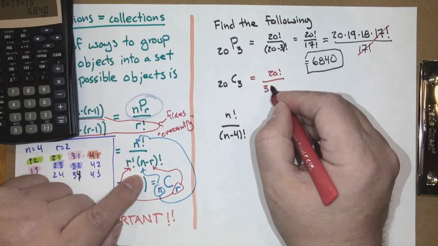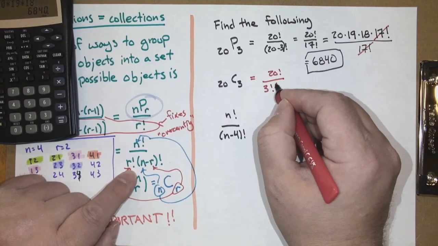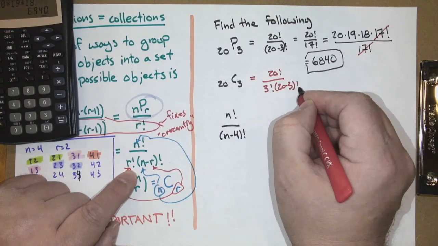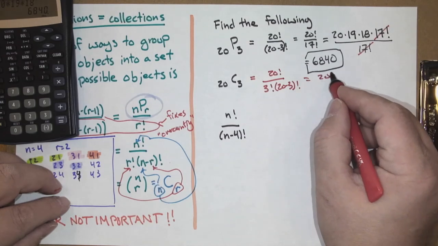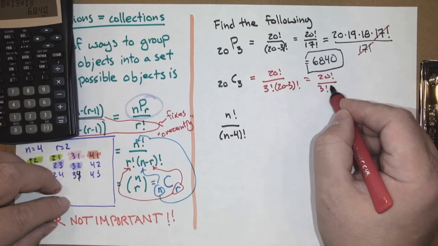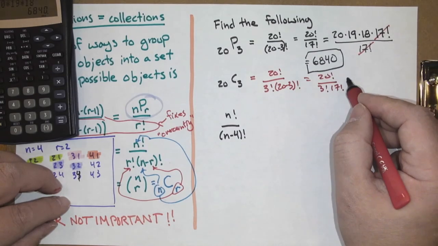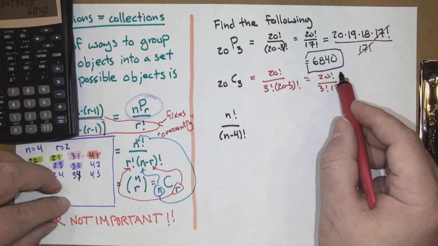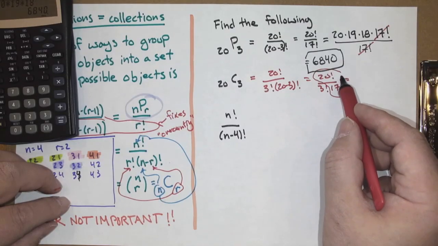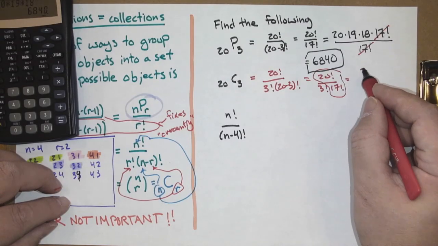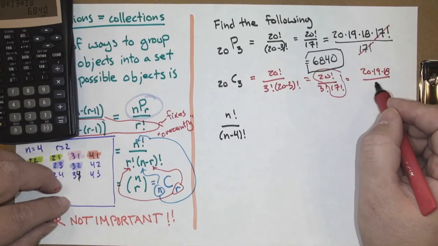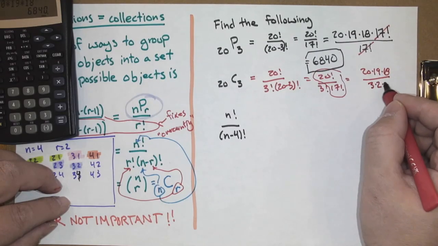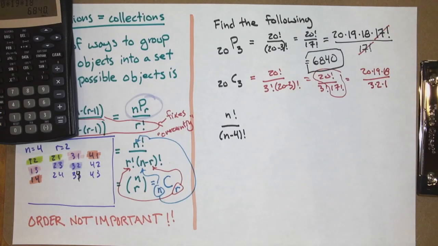The only new thing is we have this extra r factorial. So, okay, we plug it in. So we say, all right, well, that's really 20 factorial over 3 factorial, 17 factorial. But we can do what we just did before and say, you know, this 20 factorial over 17 factorial, that's 20 times 19 times 18. Now 3 factorial, okay, that's small enough I can multiply that out.